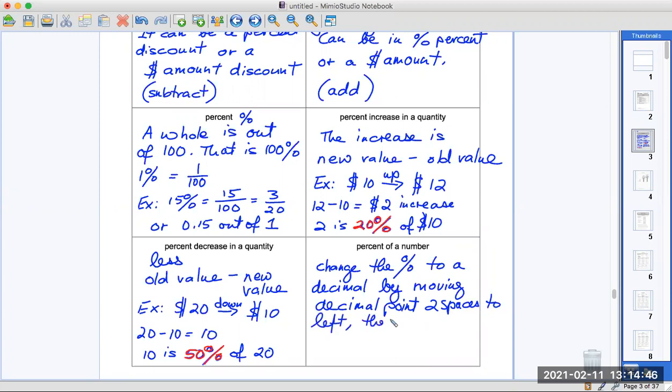Then multiply by the number. So I'm going to show you that.